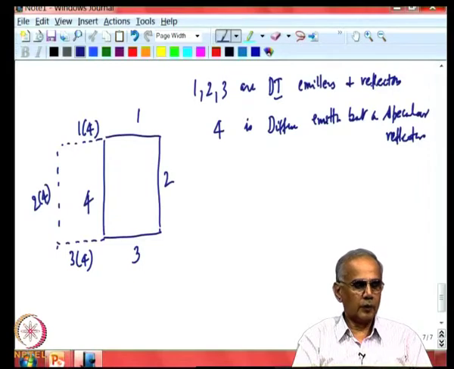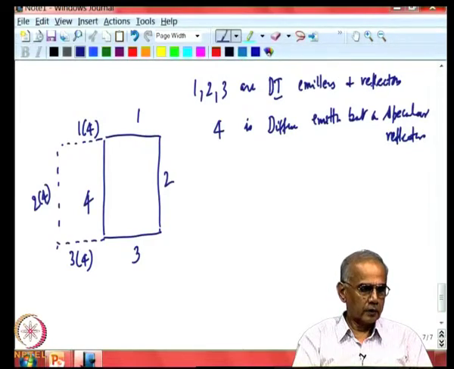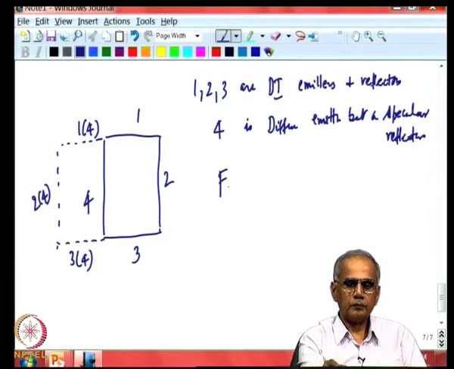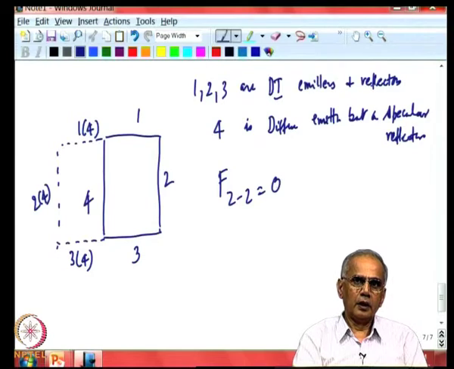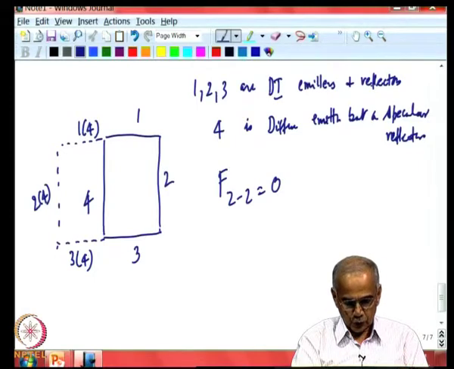Now, for example, look at surface 2. Surface 2 is a flat surface, right. So, the diffuse isotropic surface will have no self viewing factor. So, F22 is 0, but the emission of 2 is reflected by 4 and comes back to 2.